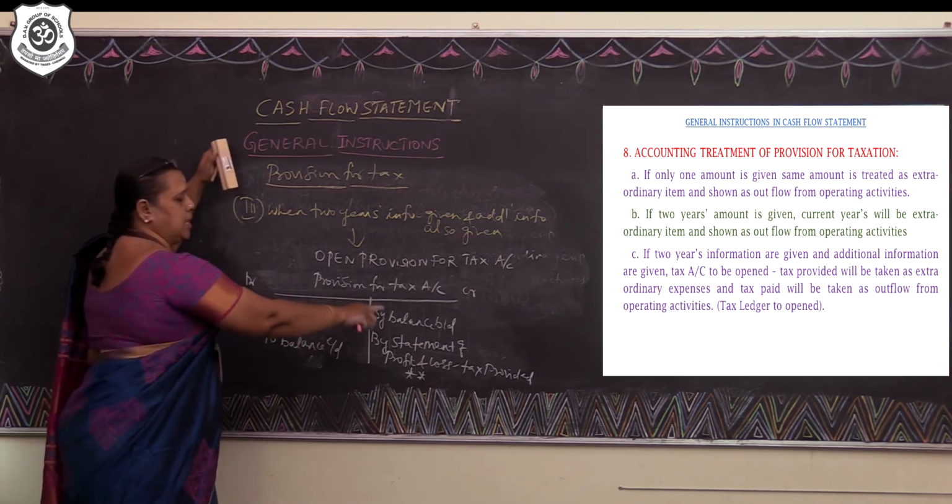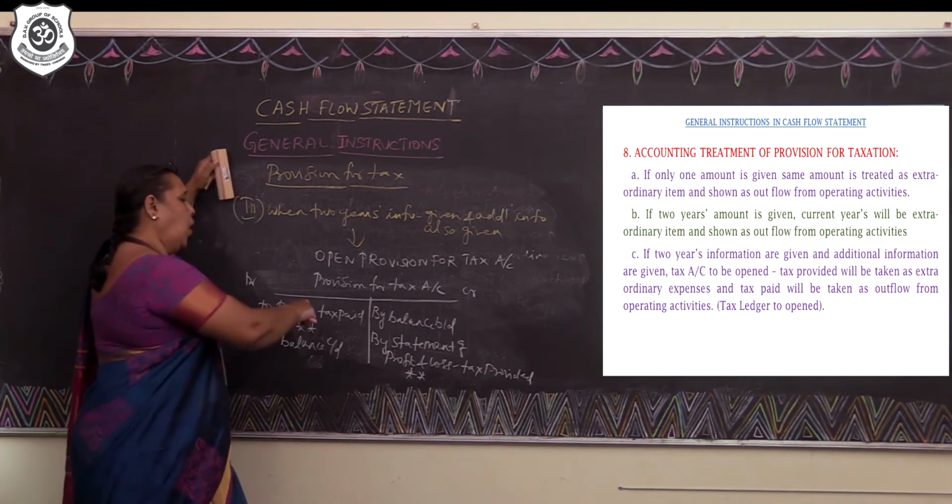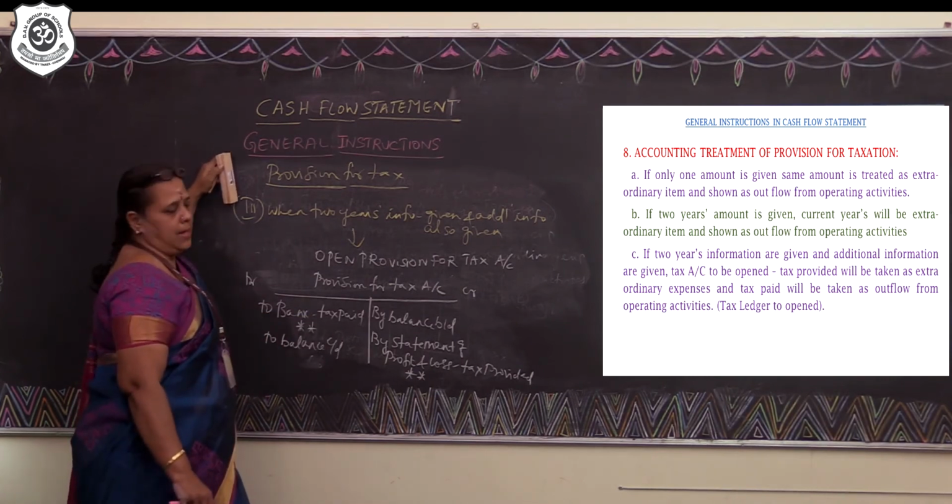So, either statement of profit and loss, tax provided during the year can be a balancing figure, or tax paid can be a balancing figure.